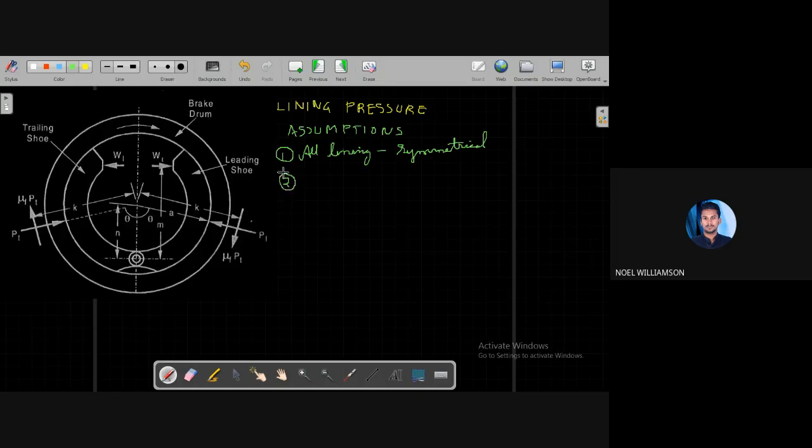Next one: the normal forces PL and PT shown here, on the leading shoe and on the trailing shoe, are equal. That is, PL equal to PT.